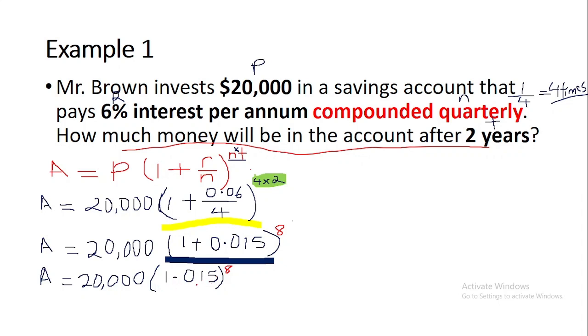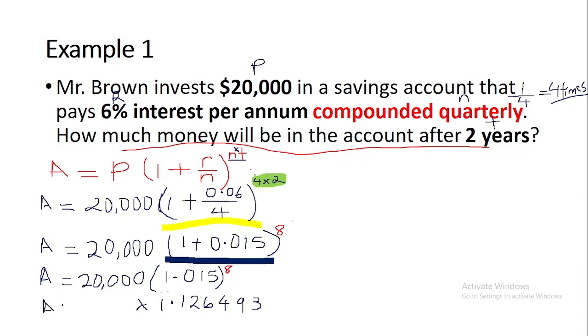So 1.015 raised to the power of 8 is going to be equal to this figure right here. You can round it to 6 decimal places, but if you wanted to multiply by the full amount, that's fine.